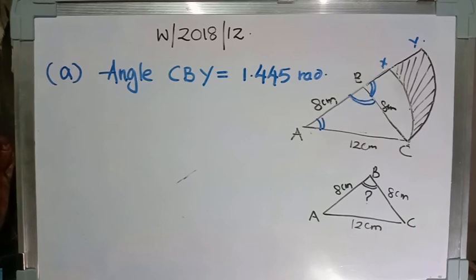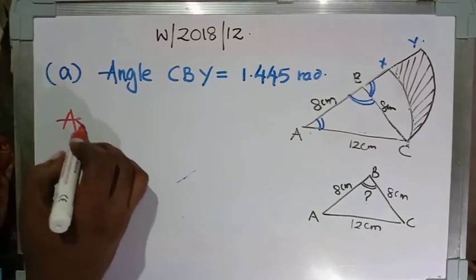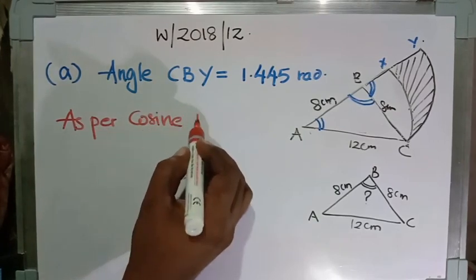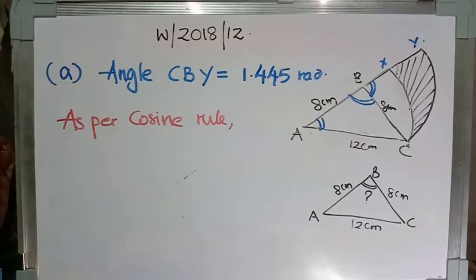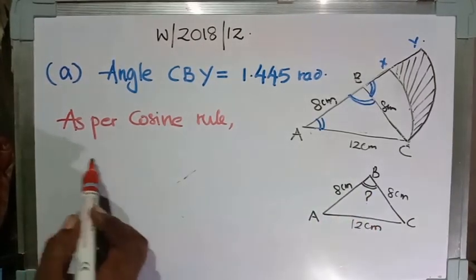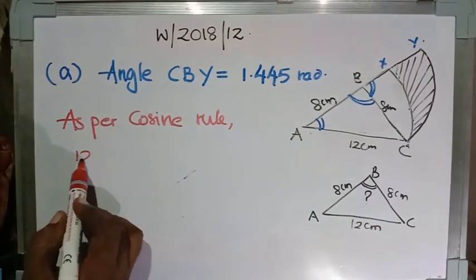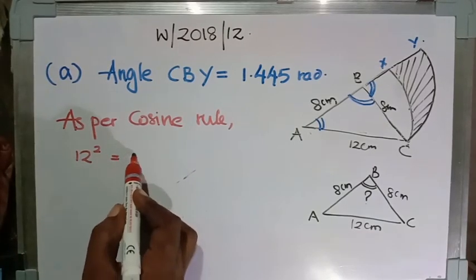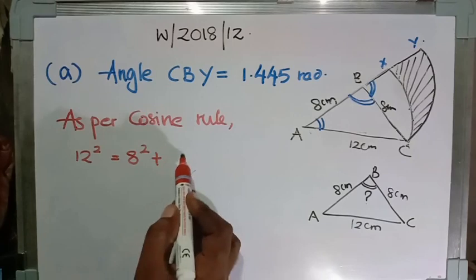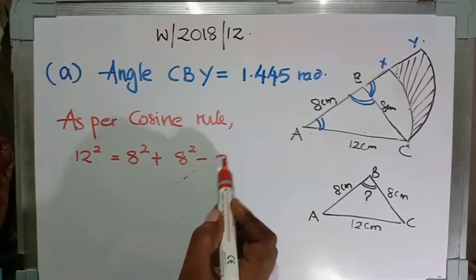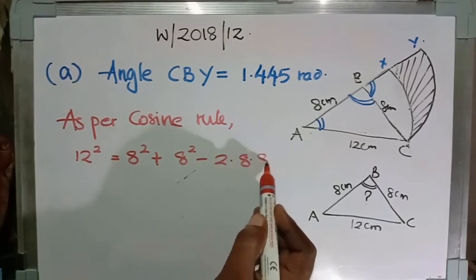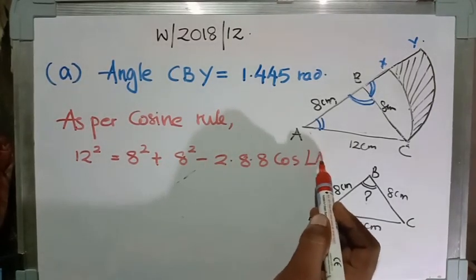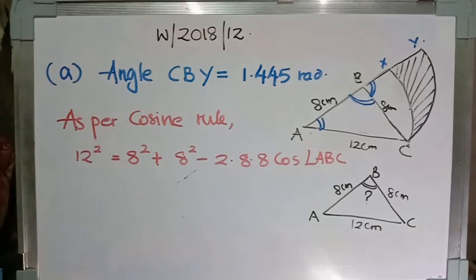As per the cosine rule, 12 squared is equal to 8 squared plus 8 squared minus 2 times 8 times 8 cos angle ABC.